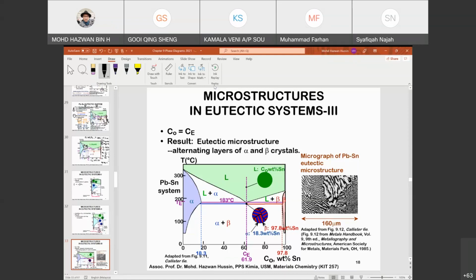For liquid, the microstructure is obviously blank like this, and for alpha plus beta, a lamellar structure forms. A lamellar structure has alternating contrast colors. In the electron microscope, the shape is like the pattern of a zebra skin, indicating an alternating arrangement of alpha and beta.